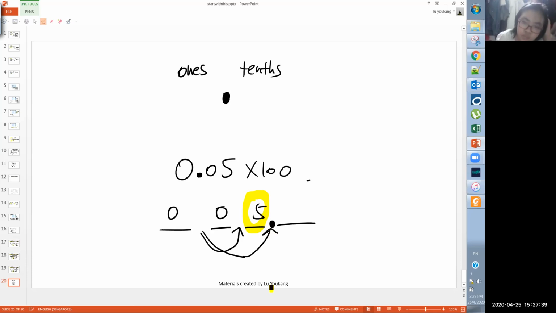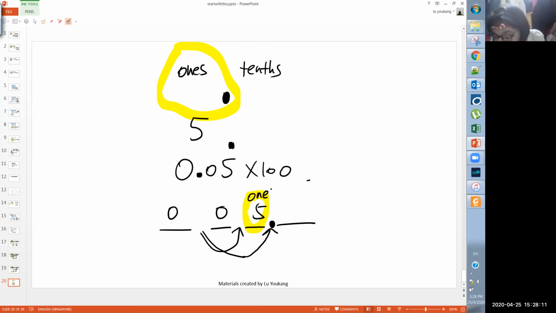Left hand side of the decimal point, what's this position? Tens. You compare. So what is this position? Ones. Yeah. So this is your 1 position. Okay? One more time.